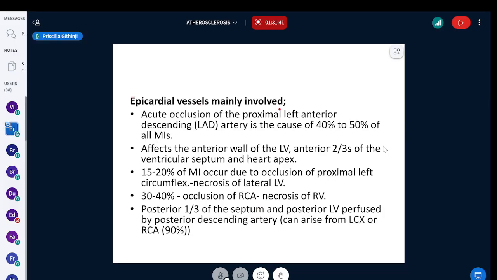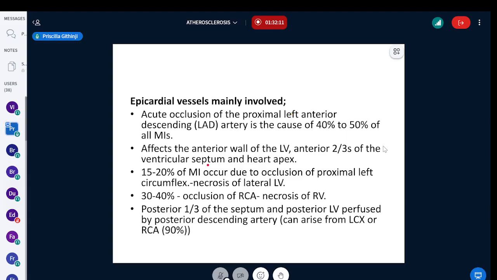So the epicardial vessels that are mainly involved in ischemic heart disease, you have the proximal left anterior descending artery, which usually causes 40 to 50% of all your myocardial infarctions. And your left anterior descending artery usually supplies the anterior wall of the left ventricle, the anterior 2/3 of the ventricular septum, and also the heart apex.